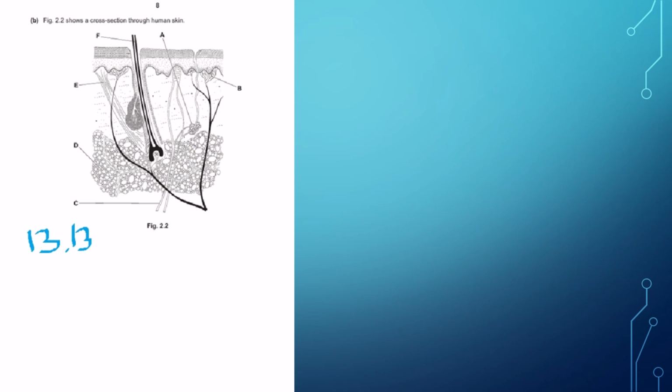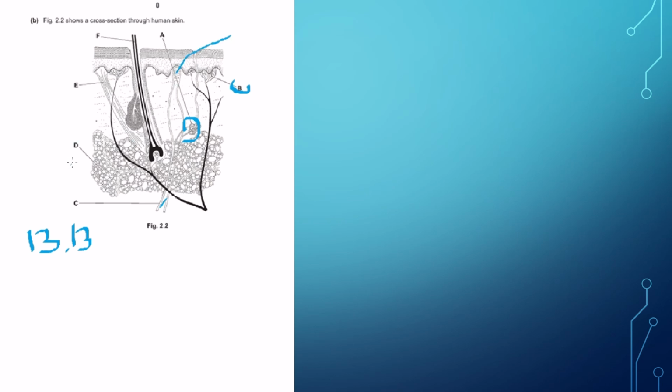If you see here A, this is a sweat gland here. Up here we have some temperature receptors. C down here is a nerve that is running up here to a sensory neuron up here.